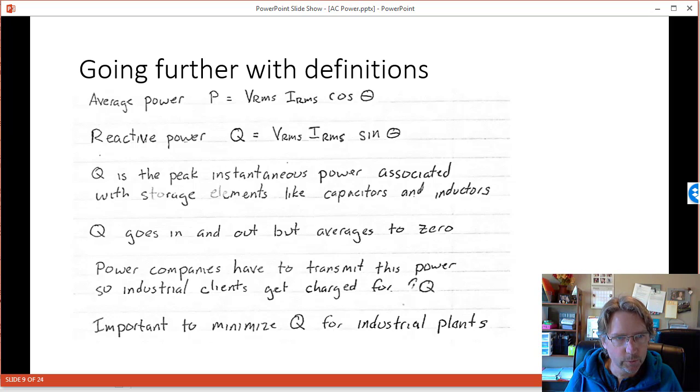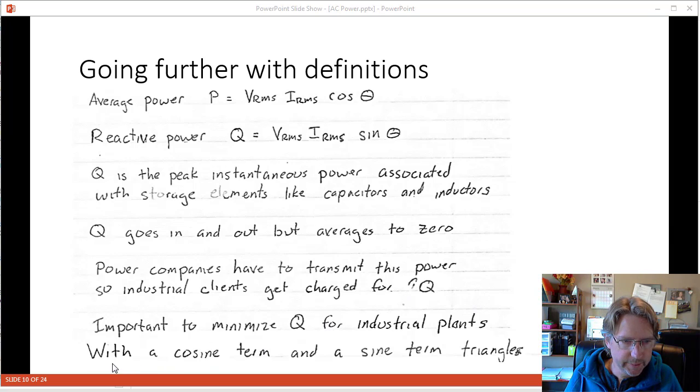So you want to minimize your reactive power, your Q, because they may be charging you for it, and it's not doing any work. It's just going in, and you're giving it back. So industrial consumers get charged for Q, and we want to minimize that for industrial plants, and that's the point of an example problem coming up here.